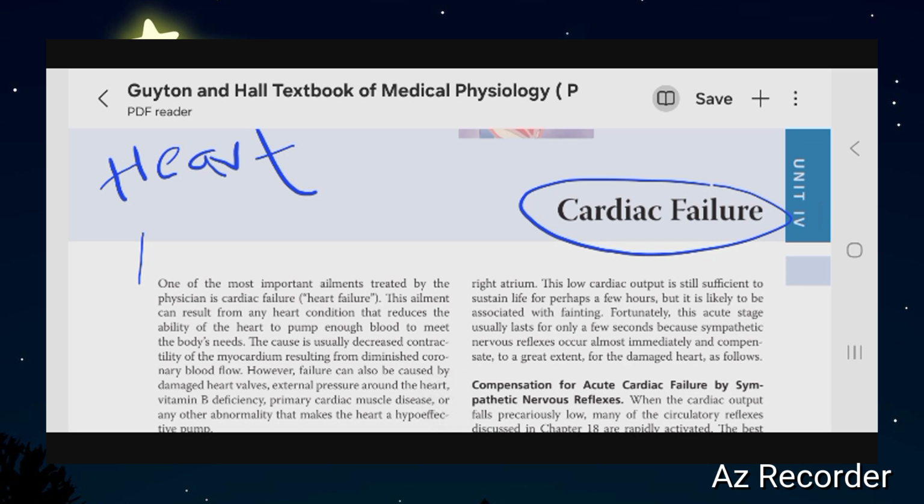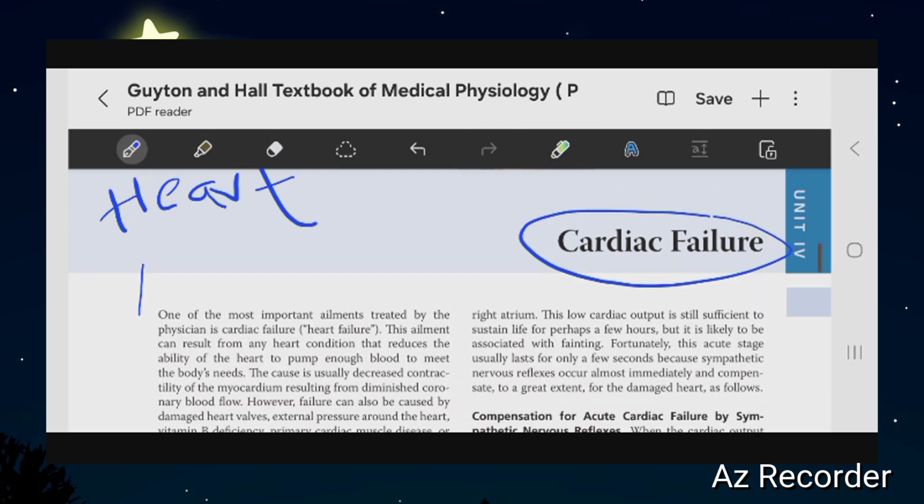So it will cause a vicious circle, and it will further decrease the contraction ability. So it's called cardiac failure. What is called cardiac failure? Decreasing contraction ability of the heart is called cardiac failure, and it is because of different reasons.